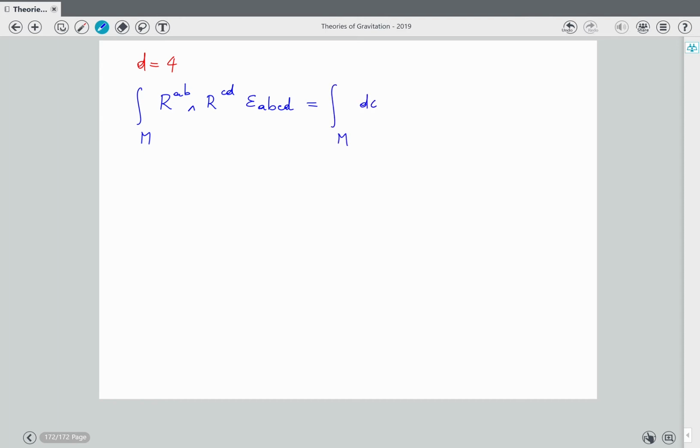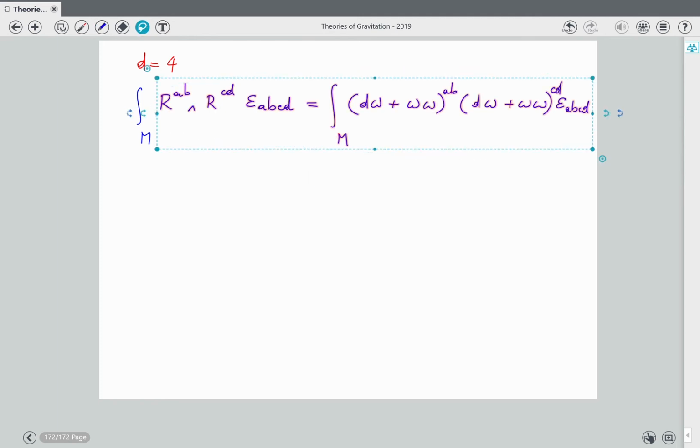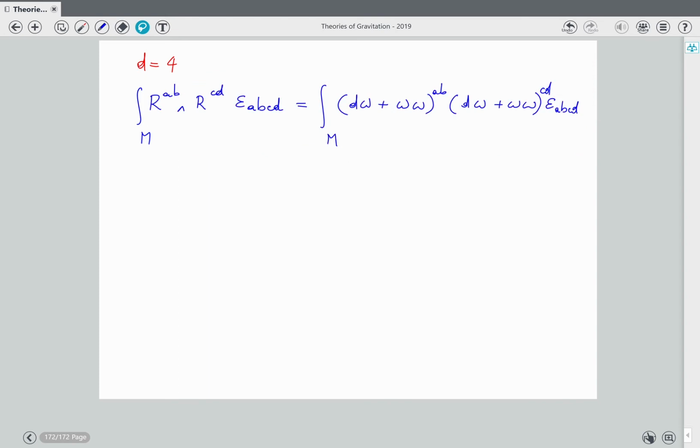So we have to replace the curvature with their definitions. And then we will have four terms.